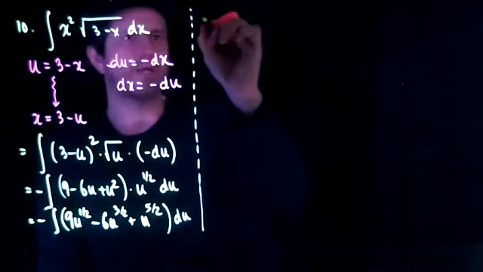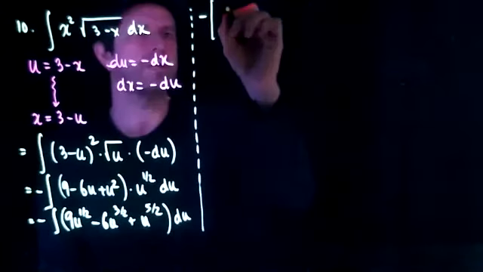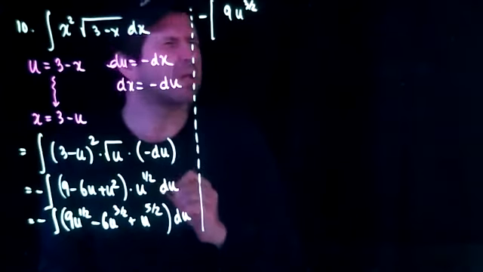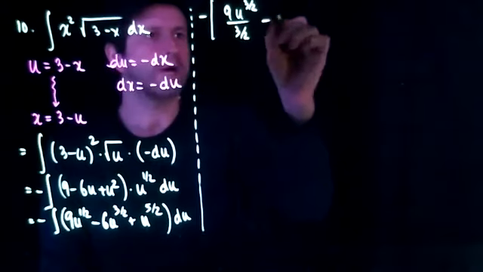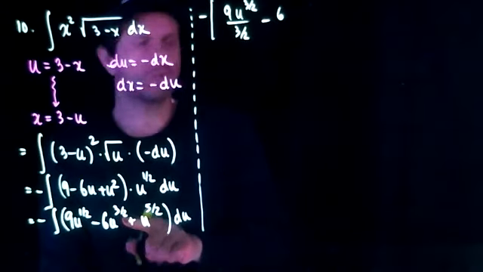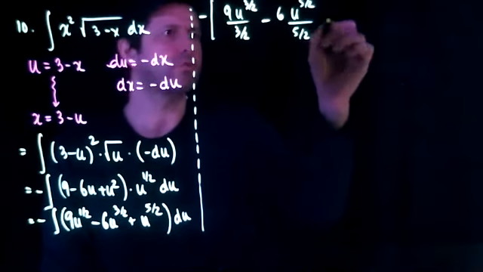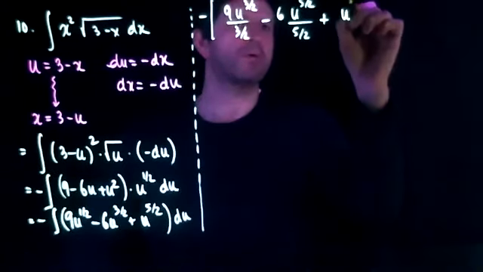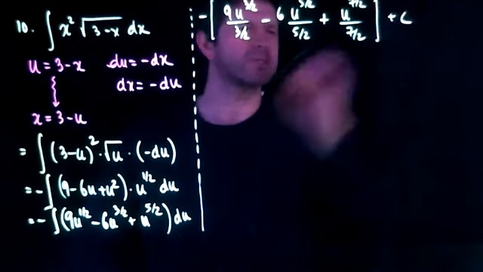So it's minus, and the antiderivative of 9u to the half is 9u to the 3 over 2 over 3 over 2, then minus 6, so 3 over 2 plus 1, so it's 5 over 2, over 5 over 2, and then plus u to the power 5 over 2 plus 1 is u to the power 7 over 2, over 7 over 2, and all this plus c.